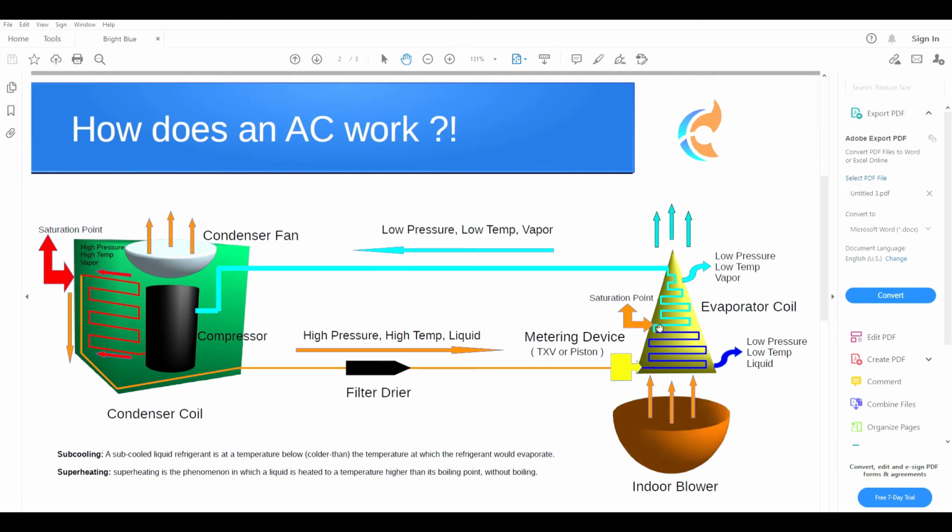From this point, the refrigerant is vaporizing because the indoor blower, which is coming from your air handler or a furnace or whatever you have, this blower motor is blowing the air that is coming through the return duct in your house, or any other system that you have, but it's return air.